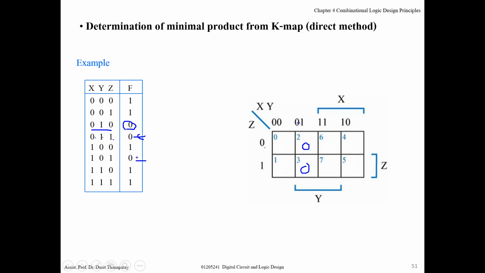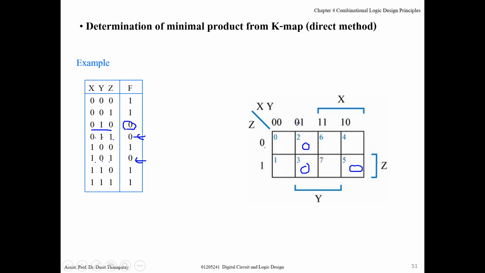And this 0, 1, 0, 1, 1, 0, 1. Okay? So now I write only the logic 0 output. The empty cells are actually 1, 1, 1, 1, but now I focus only on 0, so I can write only 0.